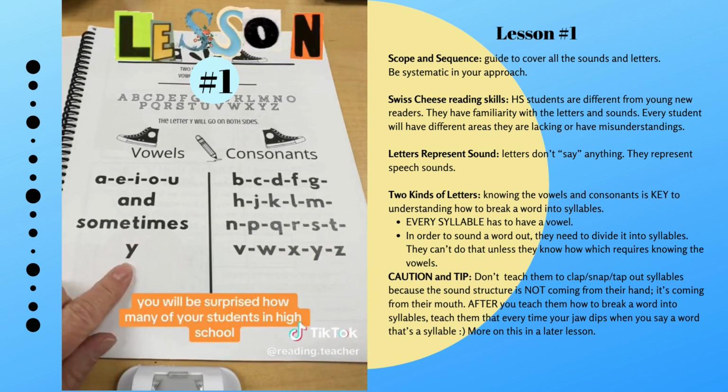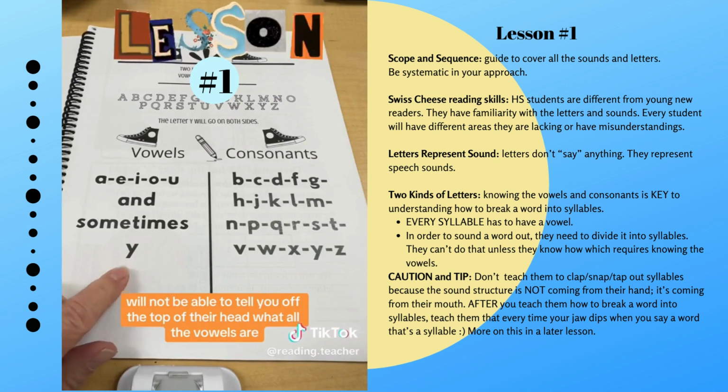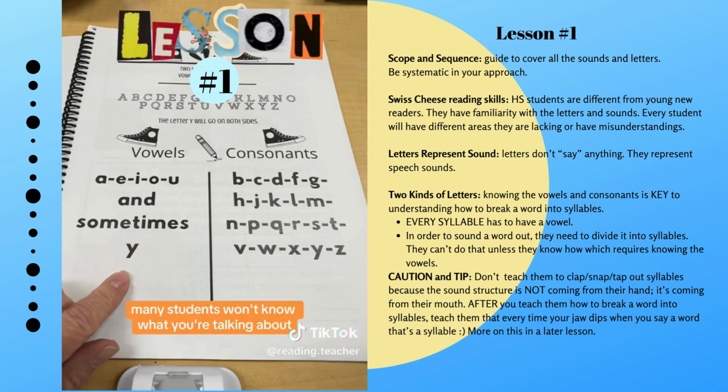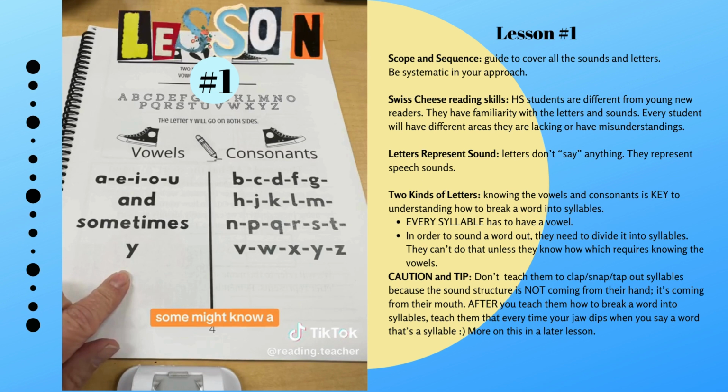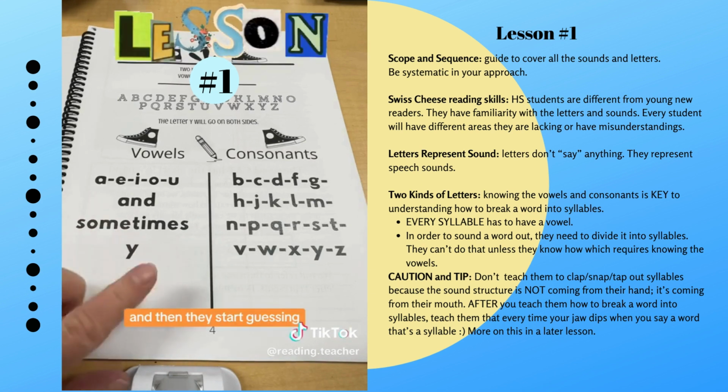You will be surprised how many of your students in high school will not be able to tell you off the top of their head what all the vowels are. Many students won't know what you're talking about. Some might know A, and then they start guessing.